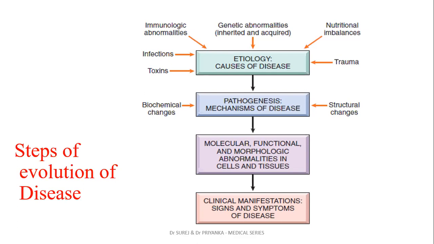It should have an etiological basis, a pathogenesis, and the morphological, functional, or molecular studies must be there, and its clinical symptoms and signs are to be noted. This is the step of evolution of disease, as well as a way to make the study of pathology easy.